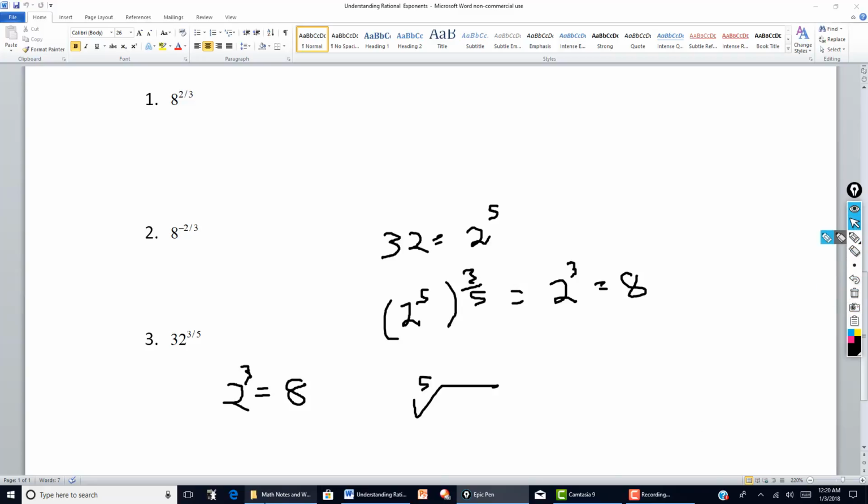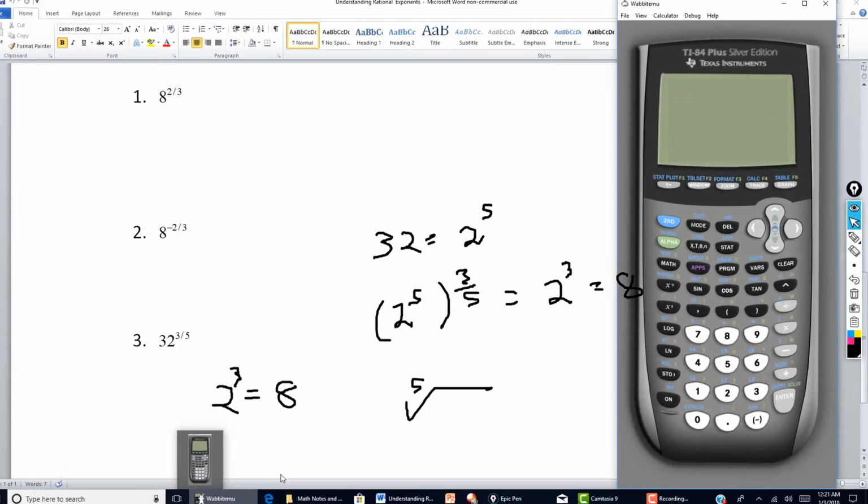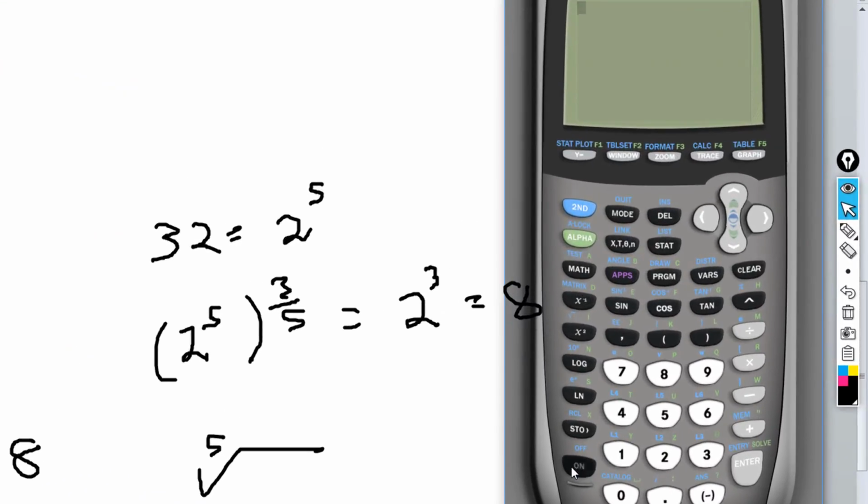So I'm going to get my calculator here. 32 to the 3rd power is 32,768.